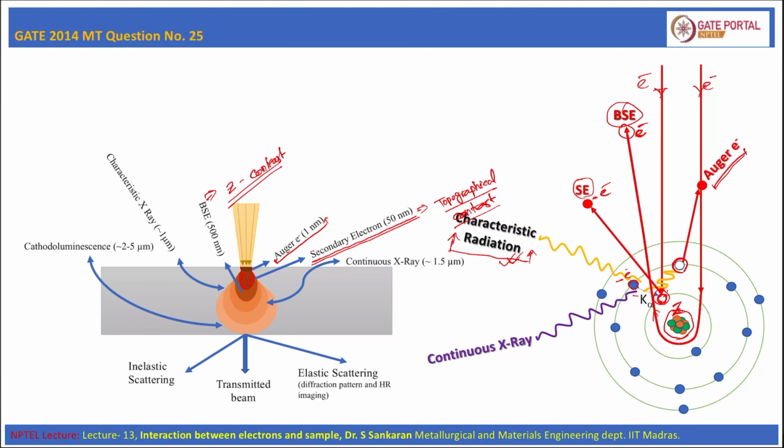So they also carry composition contrast, and it is a very high resolution contrast. The characteristic radiation will also give you the elemental or composition contrast, and the intensity will give you the concentration.